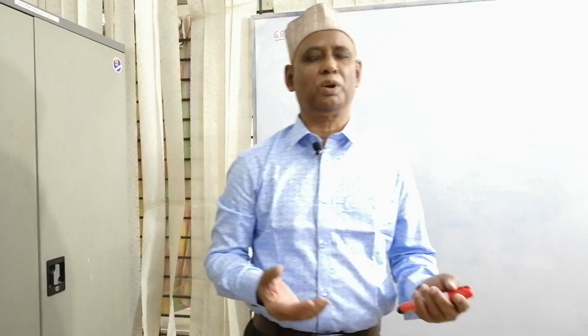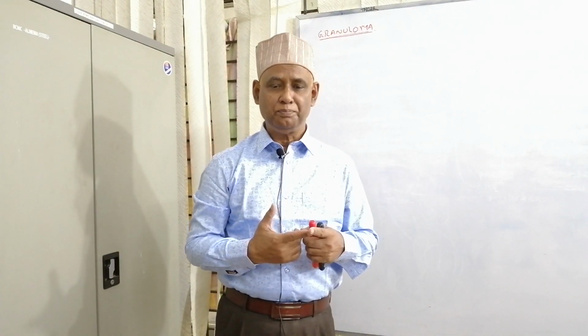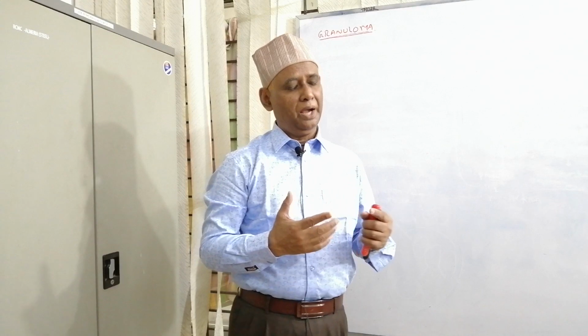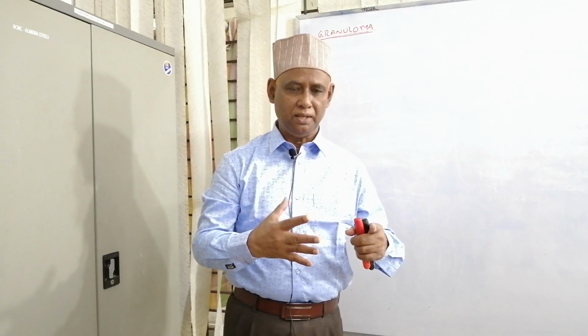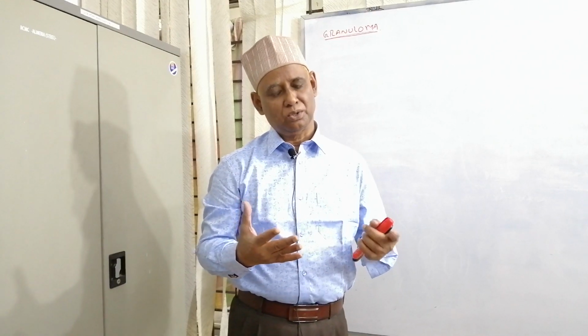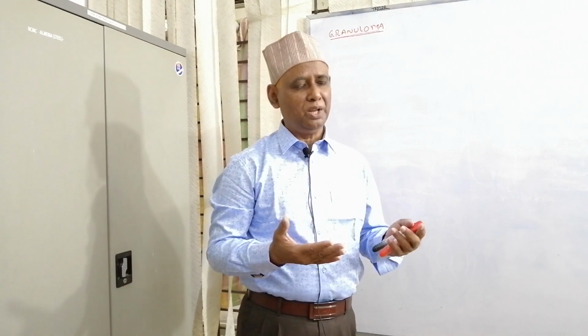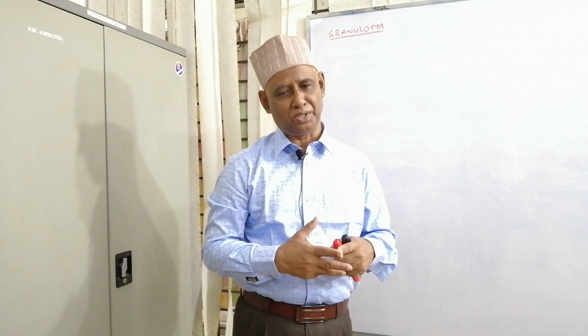You know tuberculosis is caused by tubercle bacillus, but there is no causative agent for sarcoidosis. At the sites where tuberculosis occurs, sarcoidosis may occur in the same site, in both pulmonary and extrapulmonary sites.